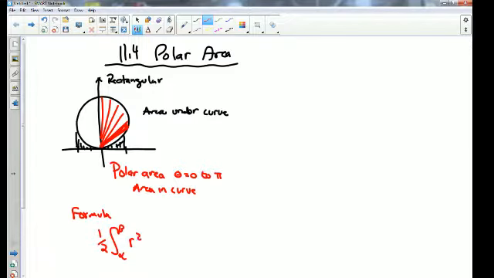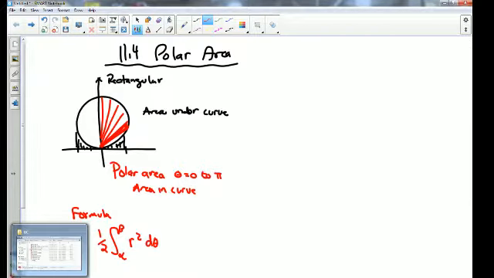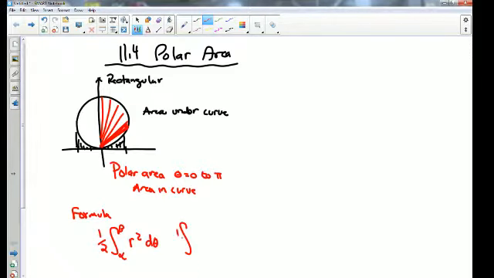So this would be your equation, like R equals sine theta. You put sine theta in here. Some people also write it like this, just so the thetas match up, that's F of theta.